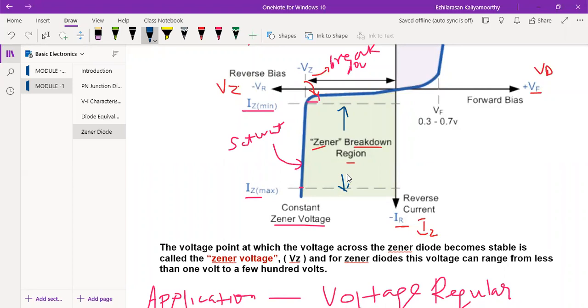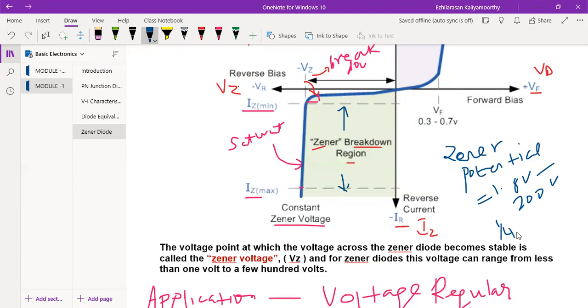So the Zener diodes are available having Zener potential, that is the Zener potential range, of 1.8 volt to 200 volt, with power ratings from 1/4 watt to 50 watts.